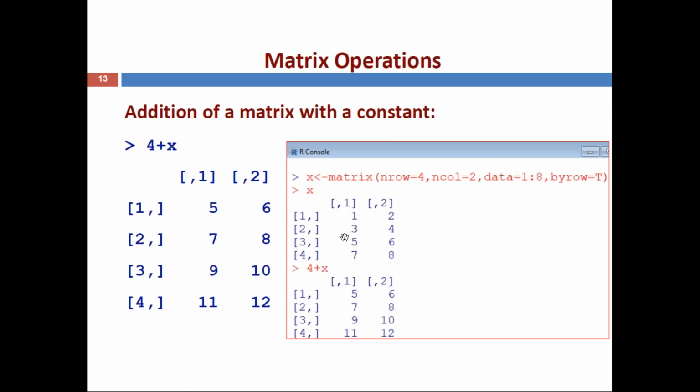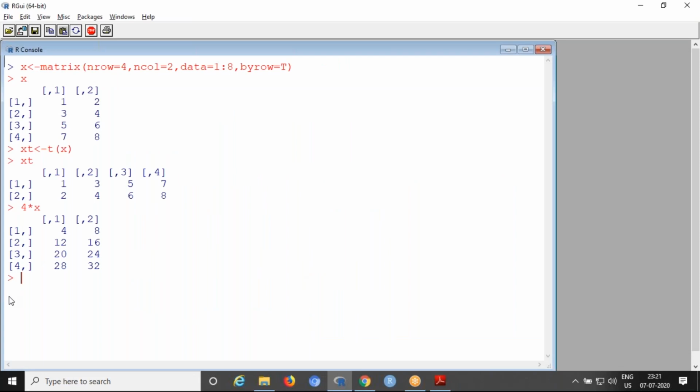Then second row, 4 plus 3, 7. Then 4 plus 4, 8. Then third row, 4 plus 5, 9. Then 4 plus 6, 10. Then fourth row, 4 plus 7, 11. Then 4 plus 8, 12. This is the output. We'll also execute this command. Now 4 plus x.